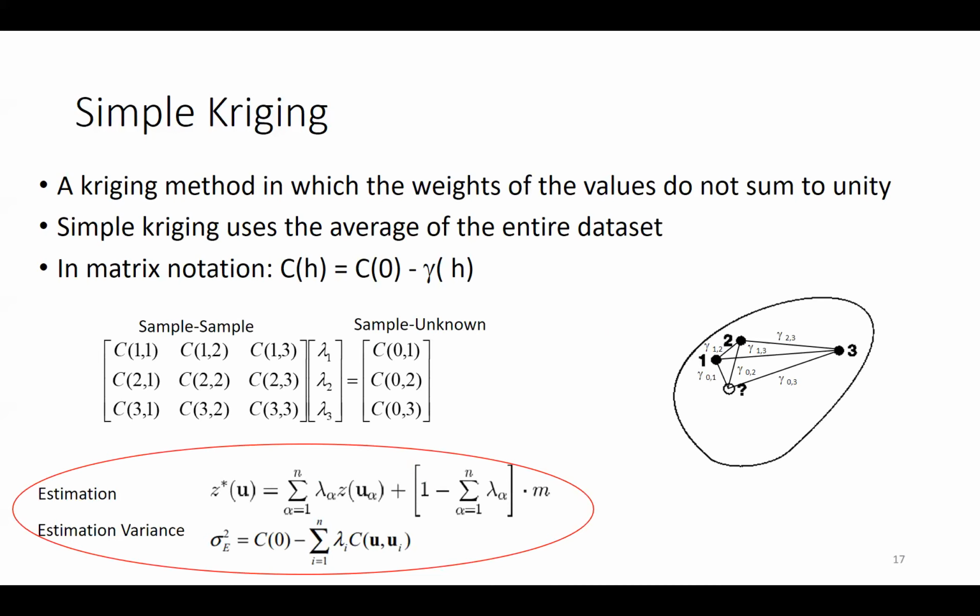For example, there is an unknown location and we want to estimate it based on some data. There is a configuration of the data set here, which we need to solve this equation.